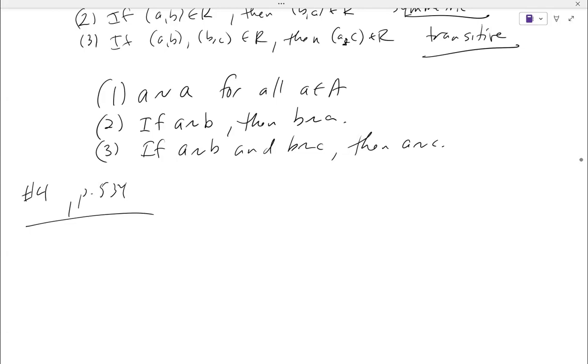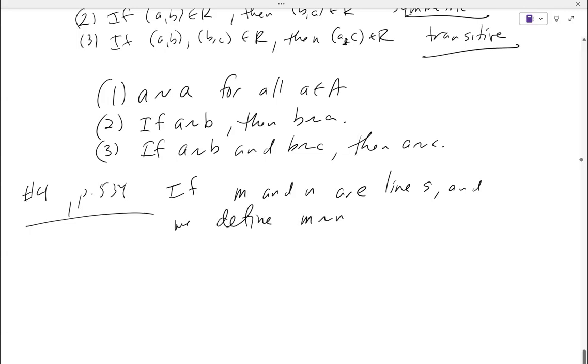All right. So let's look at number 4 real quick. This one says that if M and N are lines, and we define M related to N if and only if M is parallel to N, is this relation, and we do sometimes just use the tilde all by itself to denote the relation, an equivalence relation?